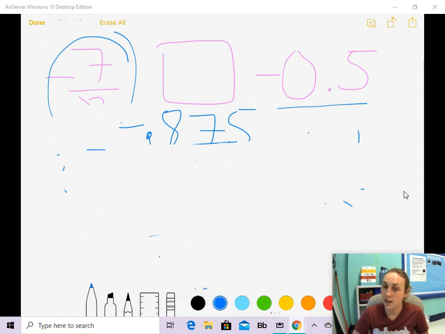Again, be careful with negative numbers, because even though 875 thousandths is bigger than 5/10, since it's a negative number, it is a lesser value. So how we would put this is we are going to put negative 875 thousandths is going to be less than negative 5/10. So negative 7 over 8 is going to be less than negative 5/10.